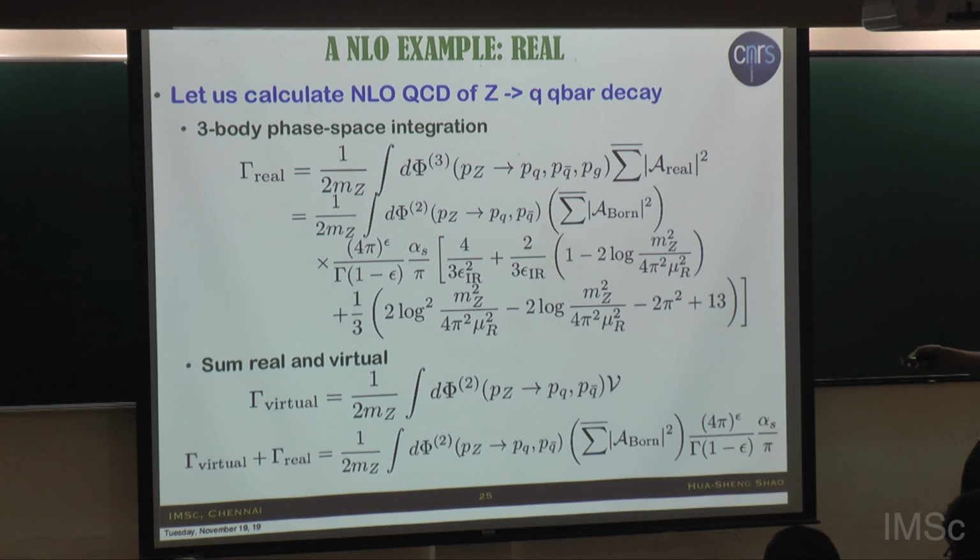So it just cancels. So all the poles cancel once you include both the real and the virtual. The sum of real and virtual gives you alpha s over pi and epsilon dependent prefactors times Born.